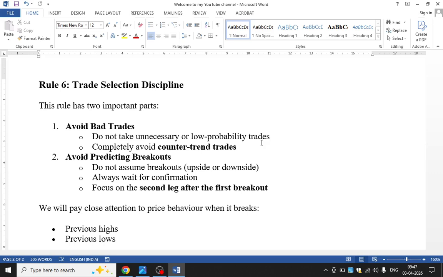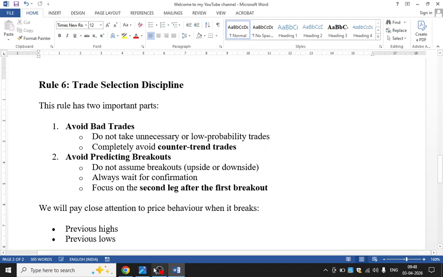Avoiding bad trades is going to protect our capital, so we do not take any low probability trades, and, this is the most important thing, we have to completely avoid counter trends.